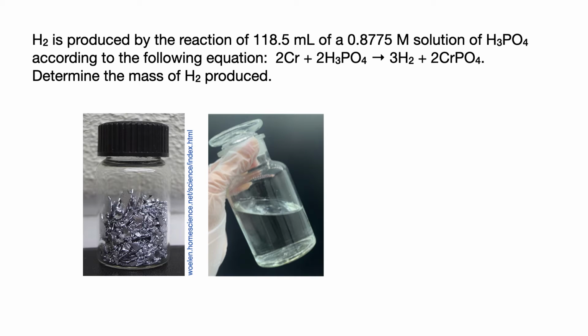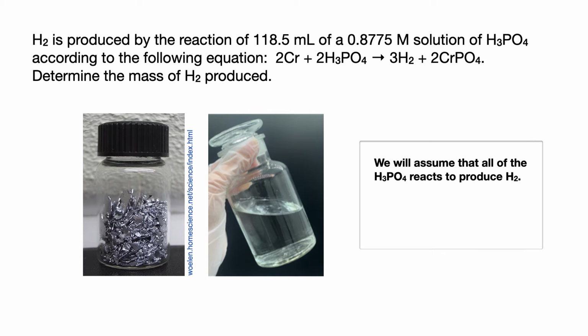And we're going to make a few assumptions before we tackle this problem. It all boils down to assuming that all of the phosphoric acid is reacting to produce hydrogen. So specifically, we're assuming that there is plenty of chromium metal around, and that there's enough chromium to react with all of the phosphoric acid.